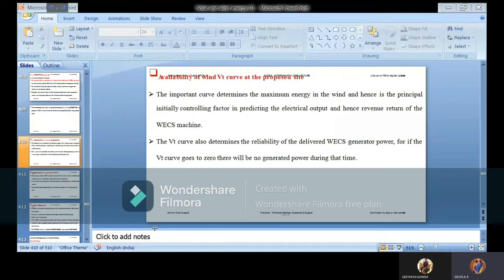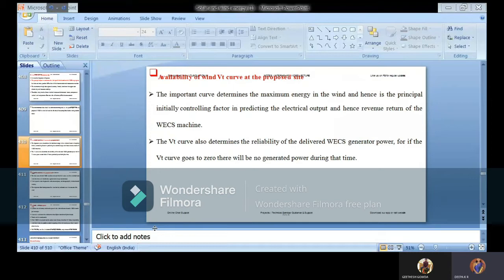Because with renewable sources, we are preferring them since after some years, an expected payback period is completed, and we will generate revenue. Windmills, of course, are mostly government. In the private sector they buy and sell it, but not for houses or residential purposes. So you have to think about the revenue return of the WECS machines also.